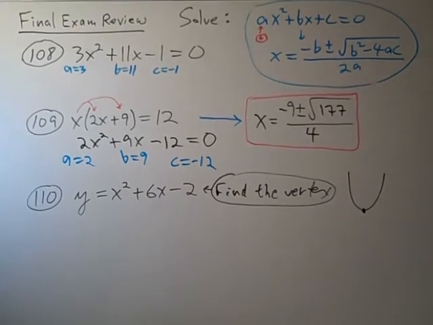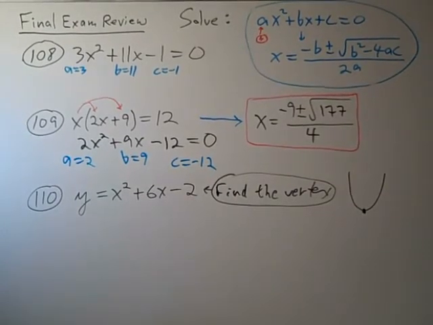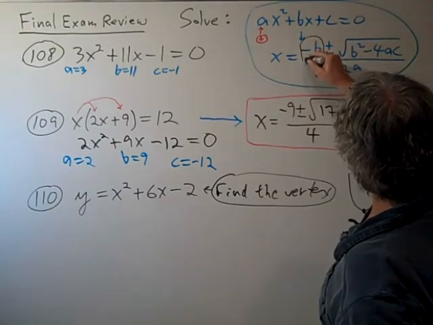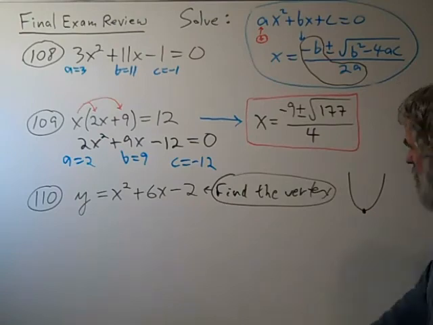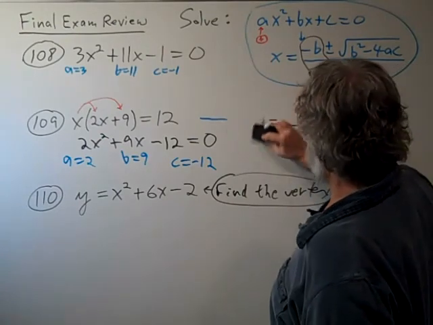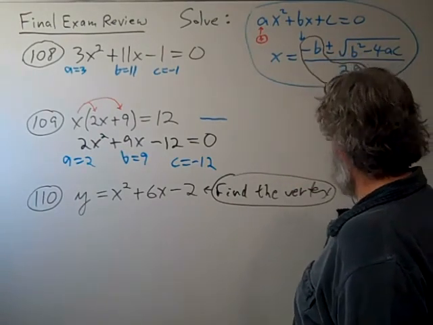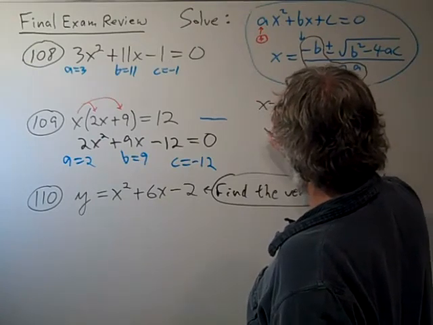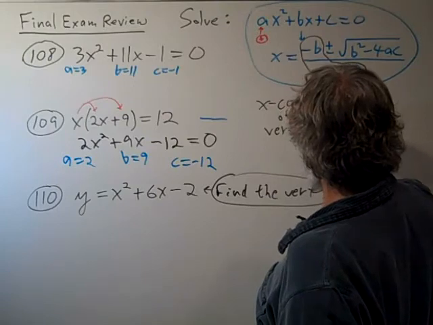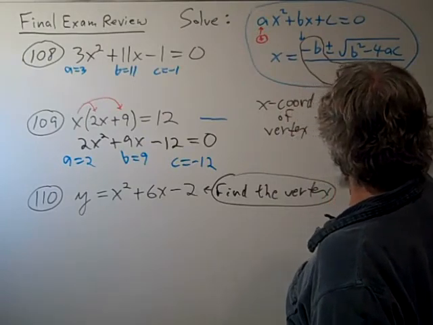The x-coordinate of the vertex, remember, is in the quadratic formula right here. The x-coordinate of the vertex is equal to -b divided by 2a.